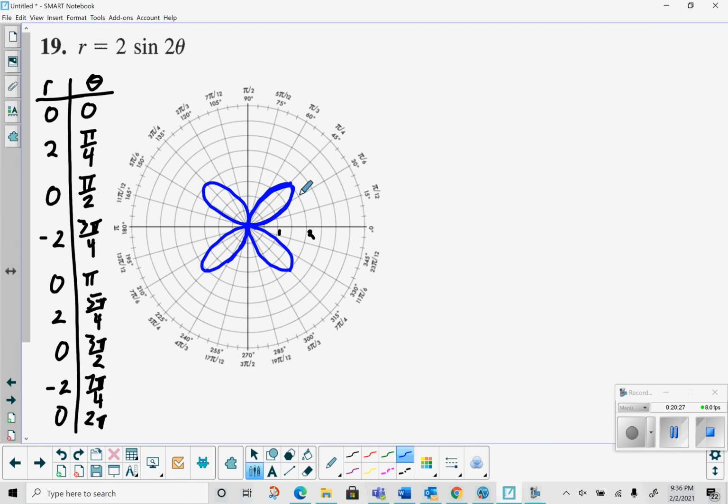All right, convert. The first thing, I don't have any kind of a substitution here for sine 2 theta. I know if I have r sine theta, that's a y, but I don't know sine 2 theta. So if we remember back to the good old first semester here, we're going to do this substitution.